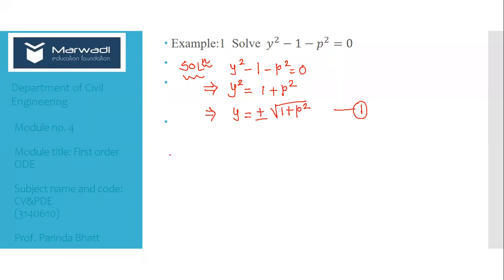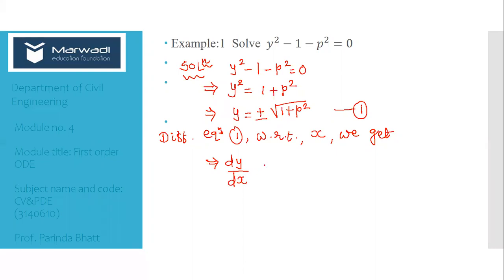Now differentiate equation number 1 with respect to x. Therefore, we get dy by dx on the left side equal to, here this is the square root, right?